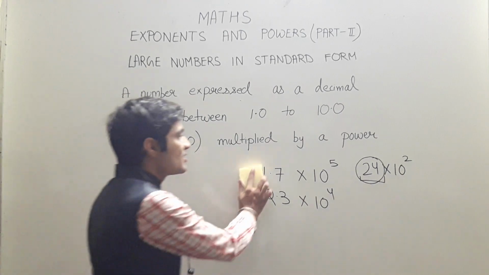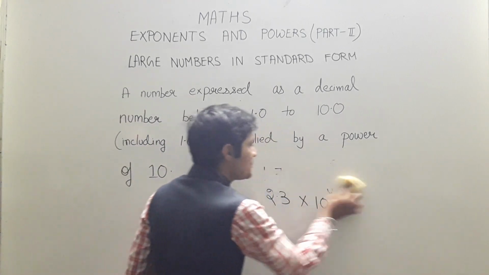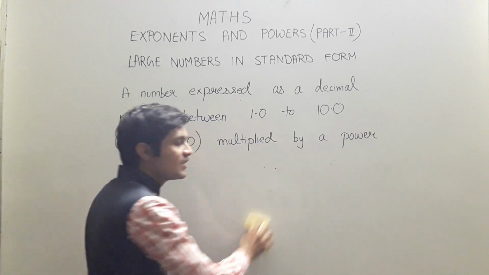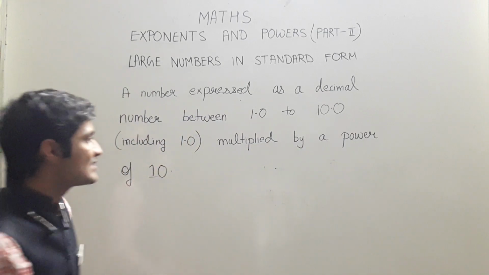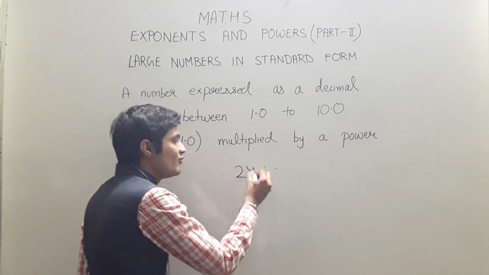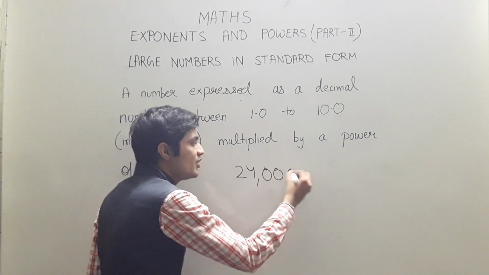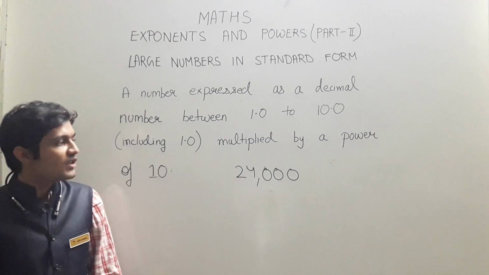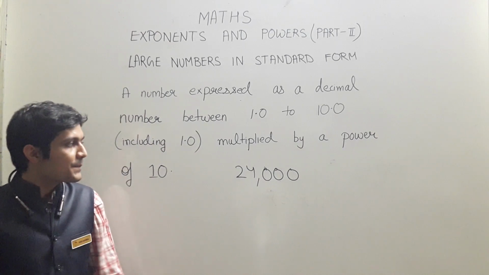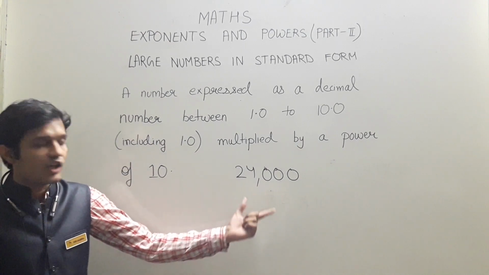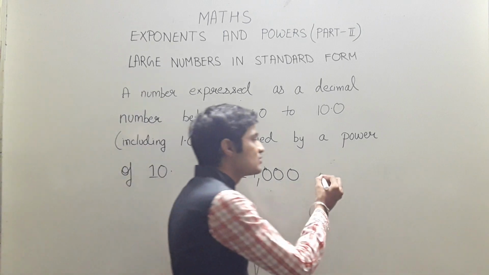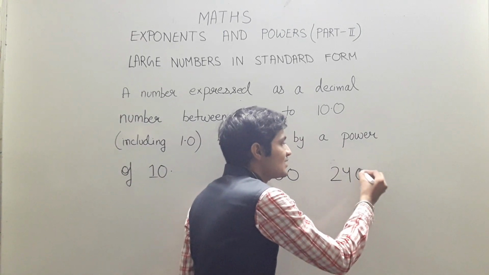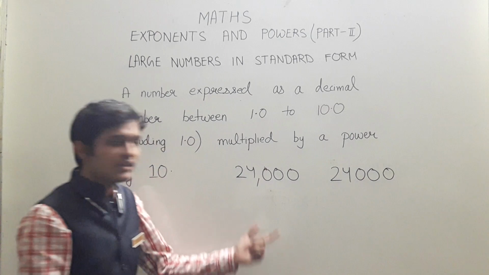So I am giving an example and we have to change it into standard form. For example, if we want to change 24,000 into standard form, then first of all you have to think, where is the decimal right now? In this 24,000, the decimal is after all the three zeros.